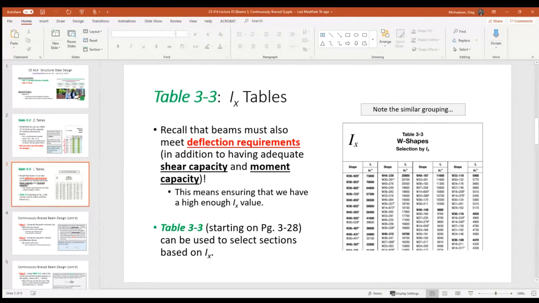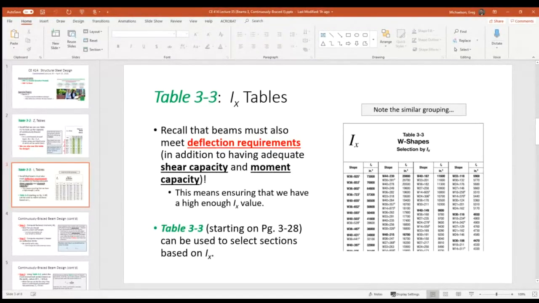So if Table 3-2 organizes sections by their Zx values, Table 3-3 organizes by their Ix values. The reason we need to refer to this table is we might find ourselves in a scenario where we have to pick our section not based off of its moment capacity or its shear capacity, but based on its deflection requirements. So we might also have to refer to Table 3-3. If you look at Table 3-3, it's organized in a similar fashion. There's similar grouping.